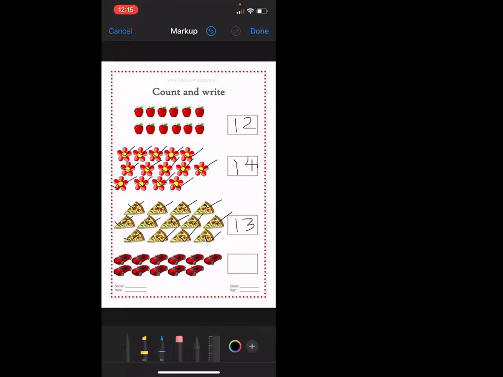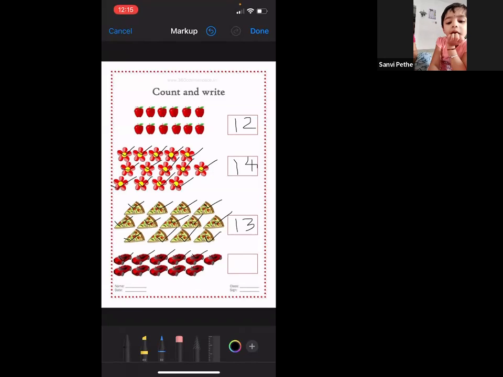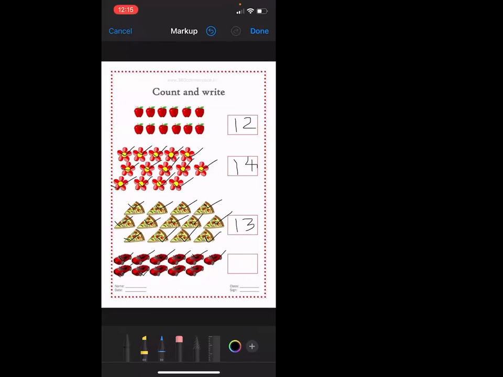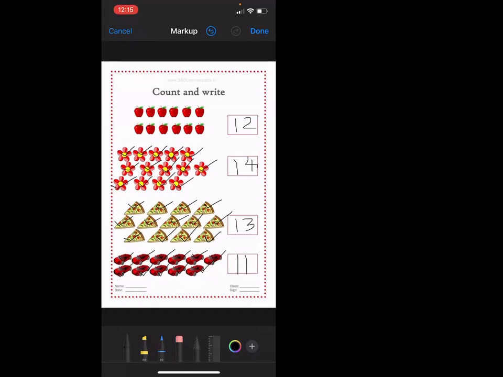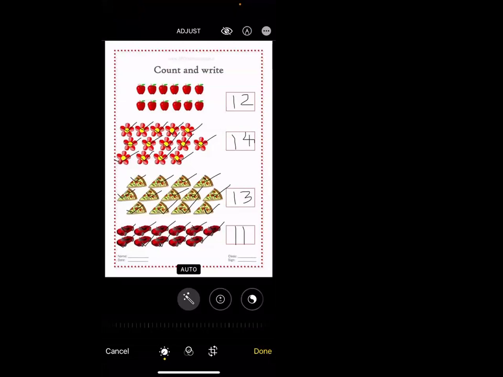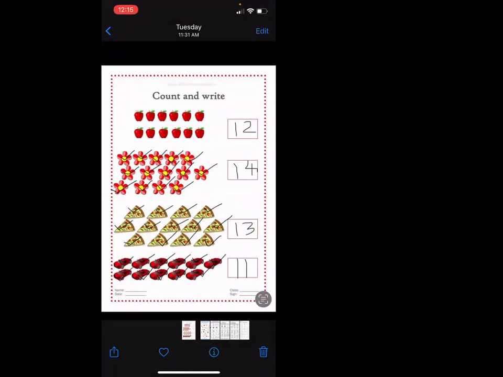Now the last one is the car. Let's count. 1, 2, 3, 4, 5, 6, 7, 8, 9, 10, 11. Very good. Who told the answer? 11. Yes, this is the answer.